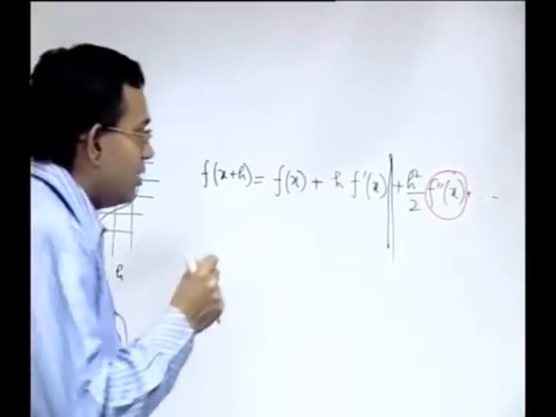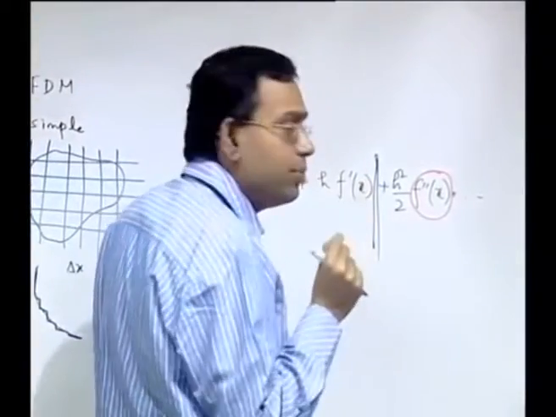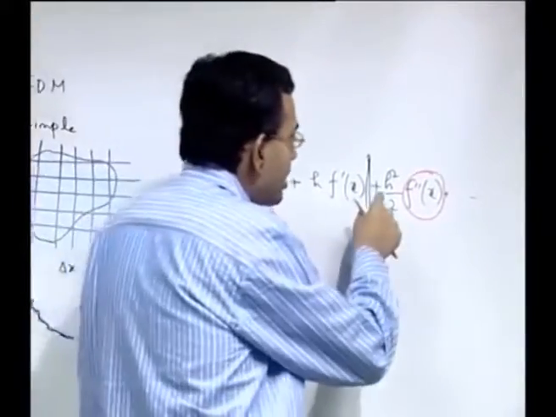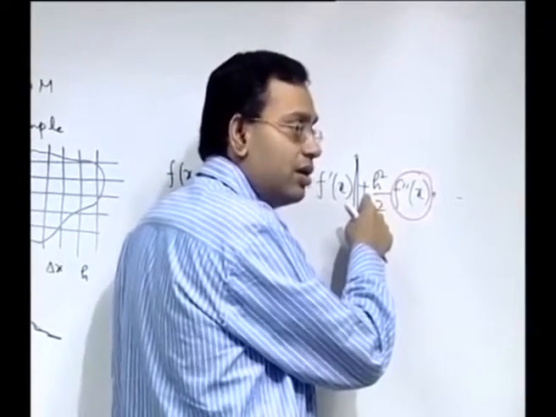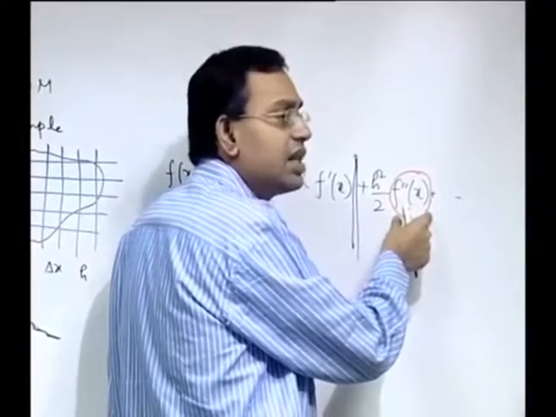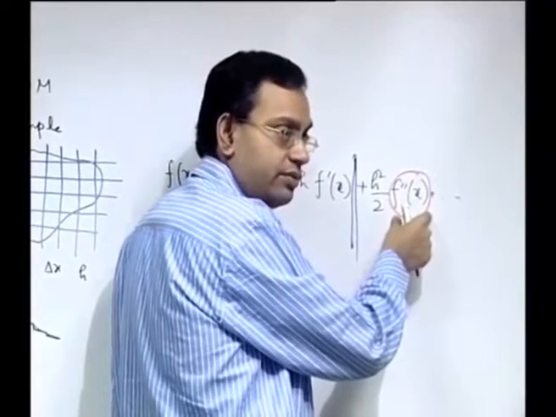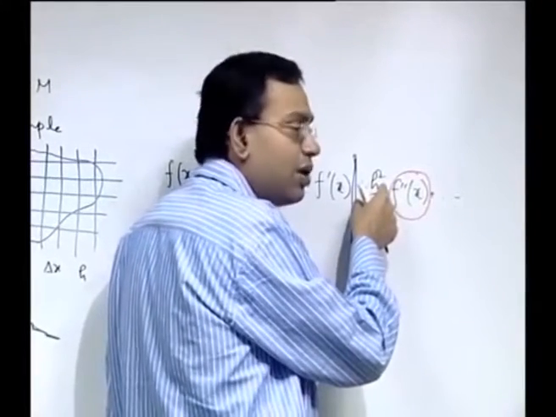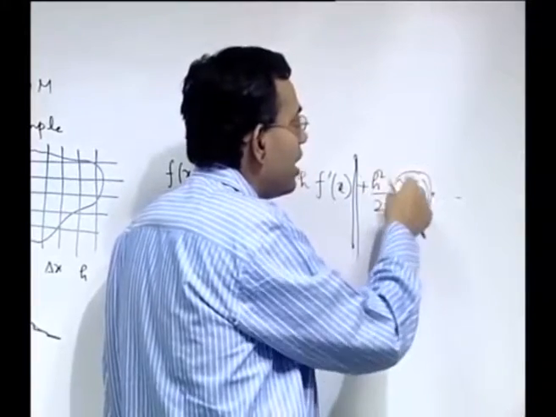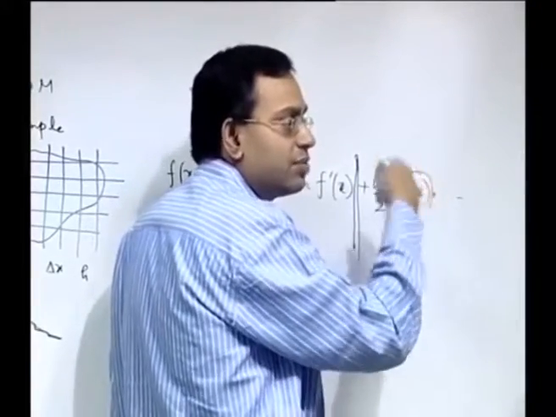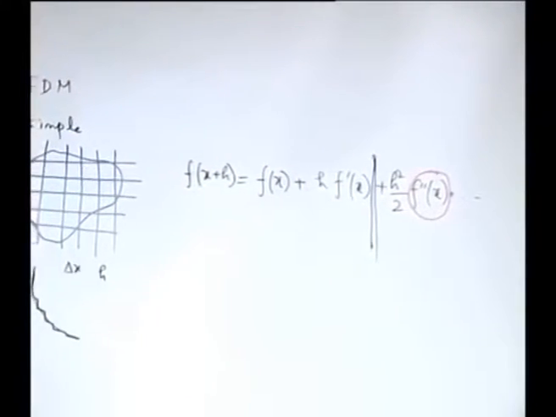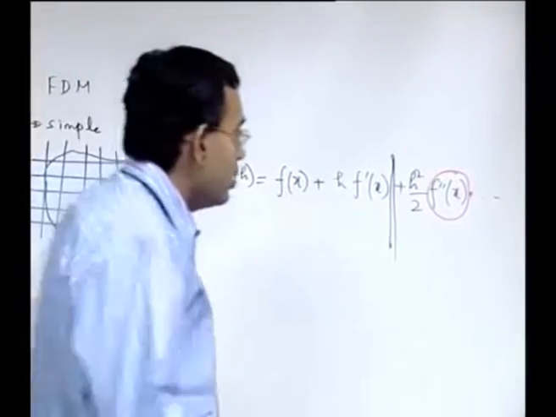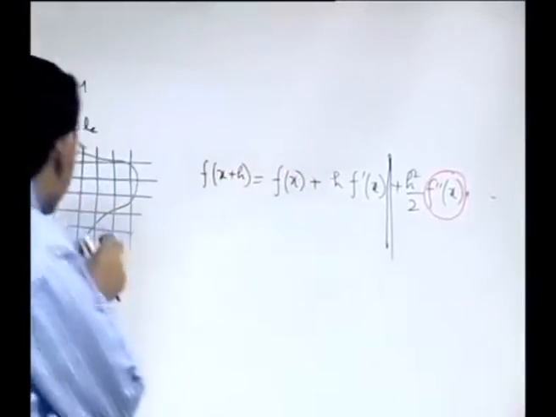Let us consider the problem in this way. If h is tending to 0 in a limiting sense, that is, if h is differentially small, then it does not matter whether the multiplier is large, small, medium, whatever, because h squared, h cubed will all be tending to 0. But the question is, here you are dealing with a finite mesh size, right?